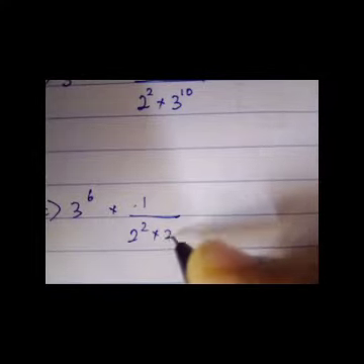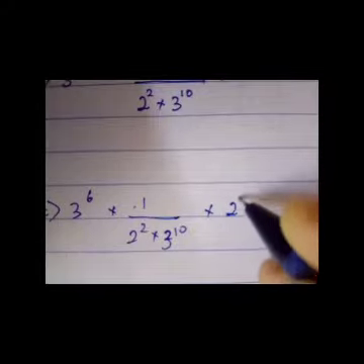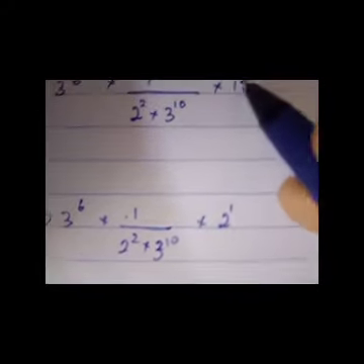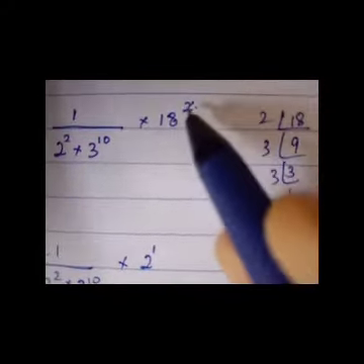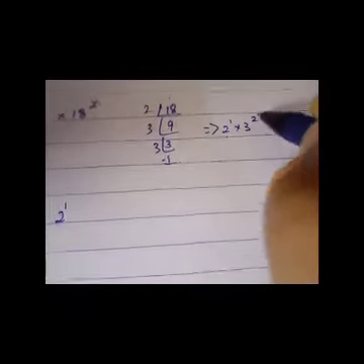Therefore 3 power 6 into 1 by 2 power 2 into 3 power 10 into 2 power 1. If you take the factors of 18, it is 2 power 1 into 3 power 2.